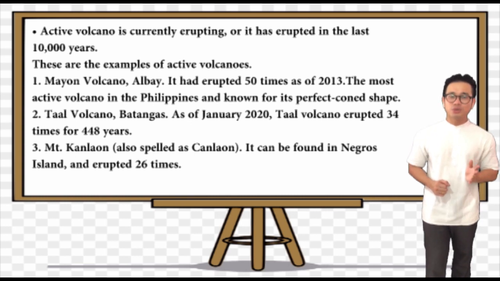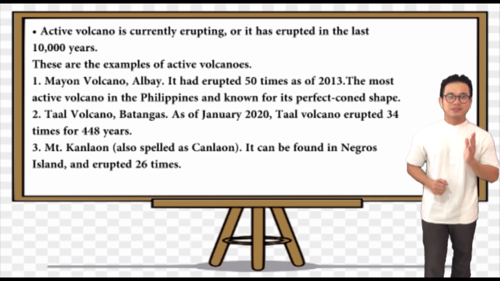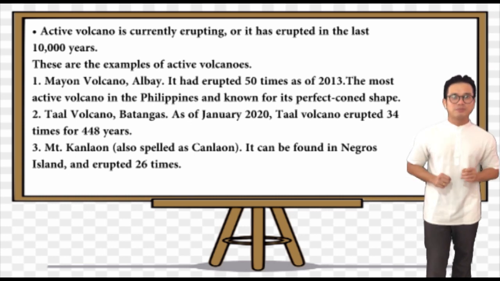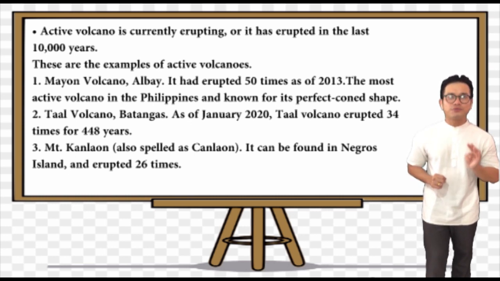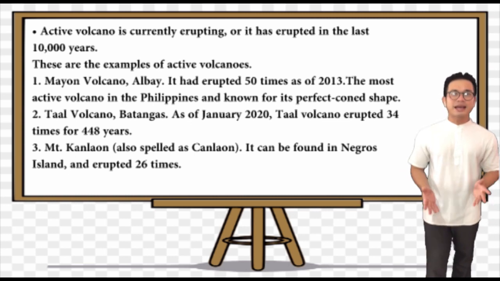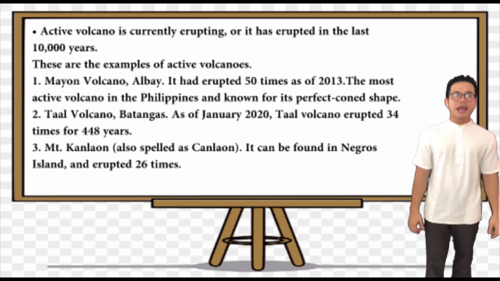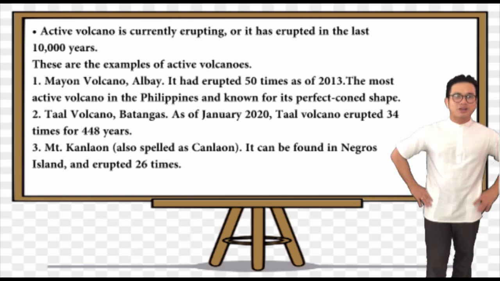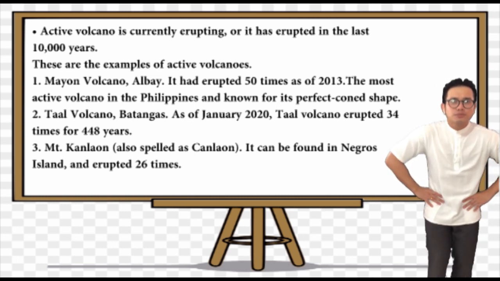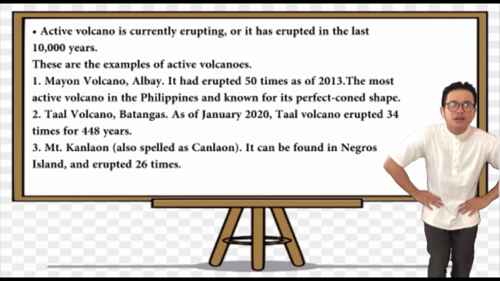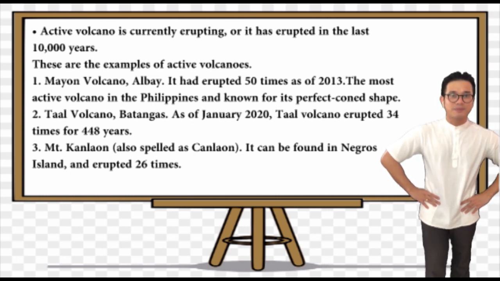As of 2020, Taal Volcano erupted 34 times in 448 years. It is the second most active volcano in the Philippines and is considered the smallest volcano in the Philippines.